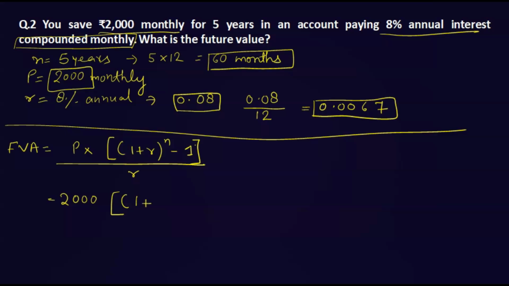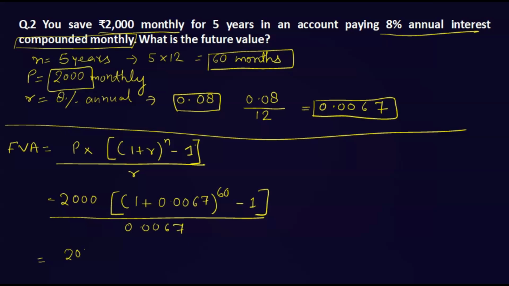We need 1 plus R monthly, so 0.0067, and N is 60 months, then minus 1, divided by 0.0067.